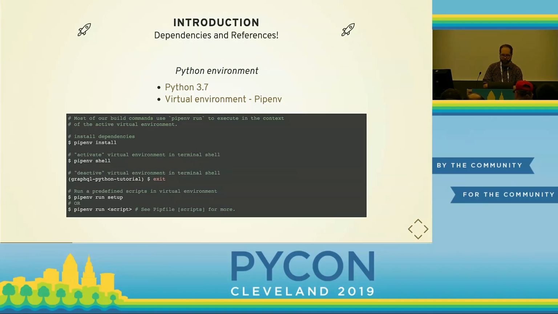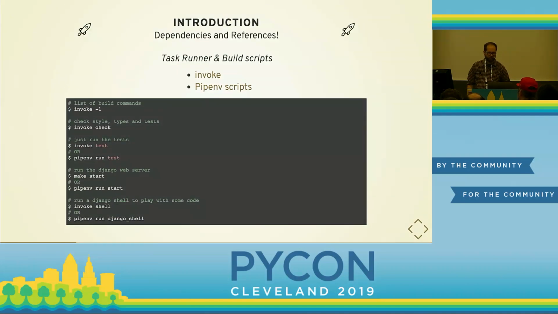We'll be using pipenv for the virtual environment, and also using pipenv scripts functionality to centralize all of the useful commands that we will be using. Like I mentioned before, using invoke as a task runner, and pipenv scripts for our build scripts.